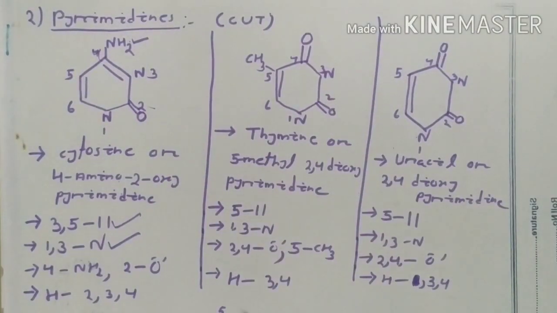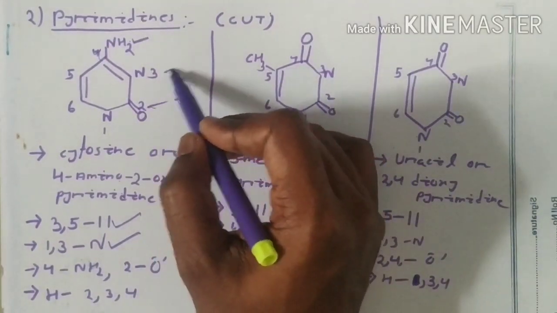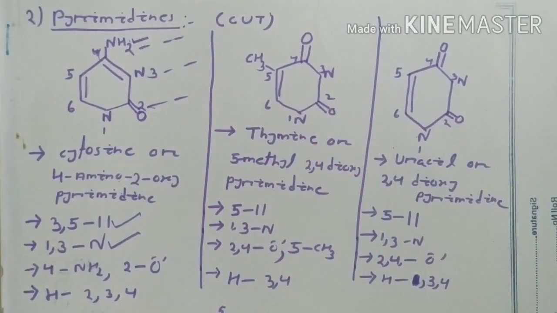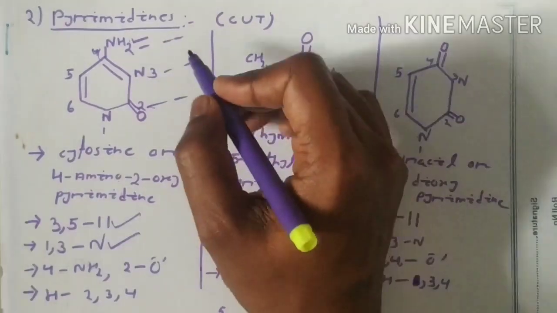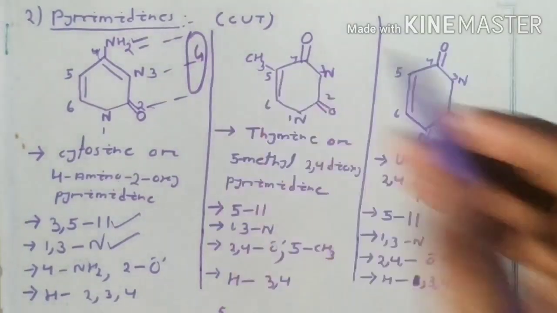And the hydrogen bond is formed at 2, 3 and 4 positions, that is this and this, and as we all know, C forms hydrogen bond with G.